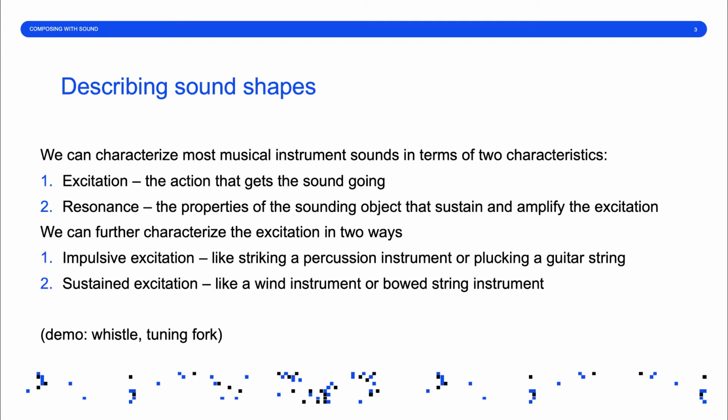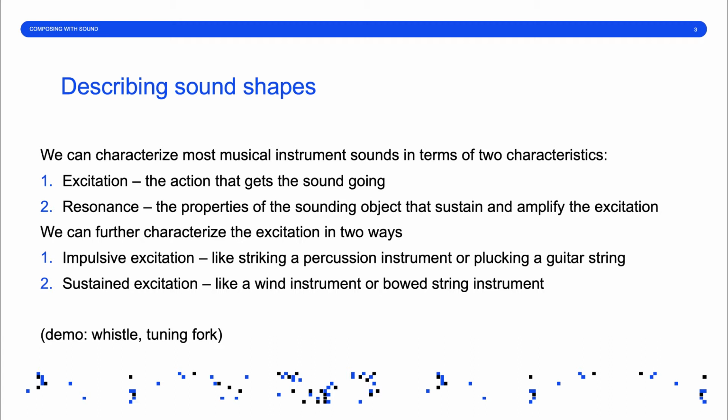So in these two examples, you can see that in the case of the triangle, the energy associated with the excitation lasts only a very short fragment of a second, but the resonance of the metal rings on for quite some time, and it has a characteristic overtone series that, in the case of this cheap triangle, doesn't have much of a pitch.